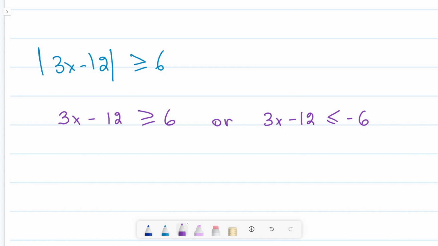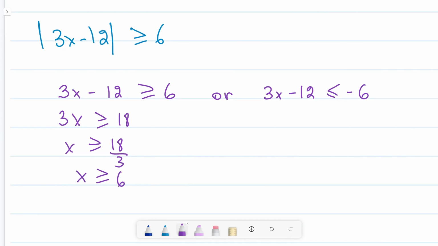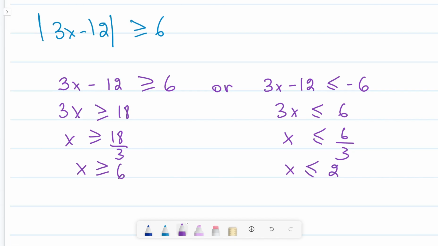We solve on each side. On the left side, we get 3x is greater than or equal to 18, so x is greater than or equal to 18 over 3, x is greater than or equal to 6. On the right side, we get 3x is less than or equal to 6, x is less than or equal to 6 over 3, so x is less than or equal to 2.